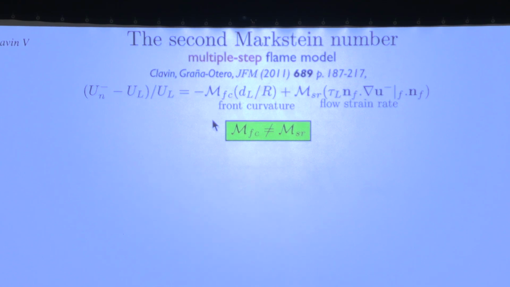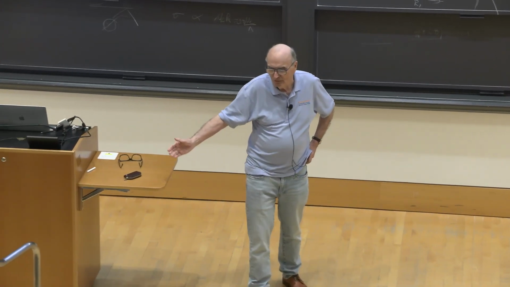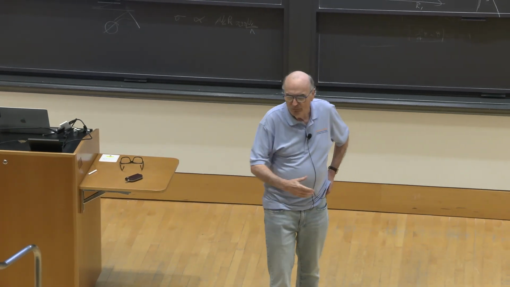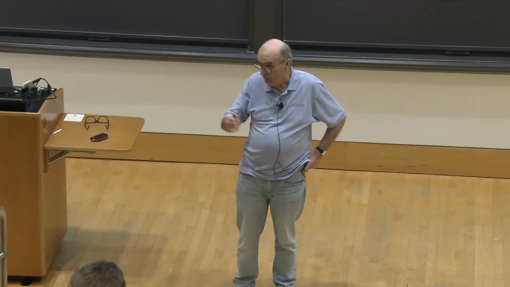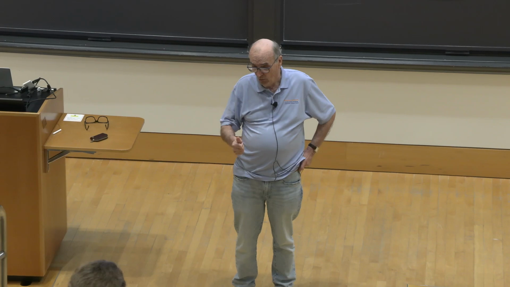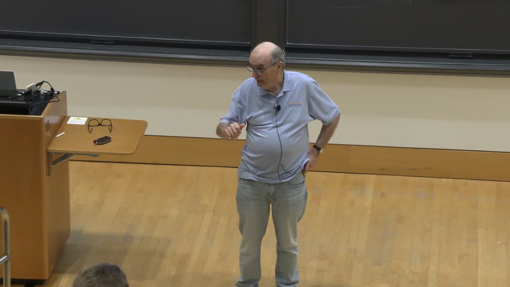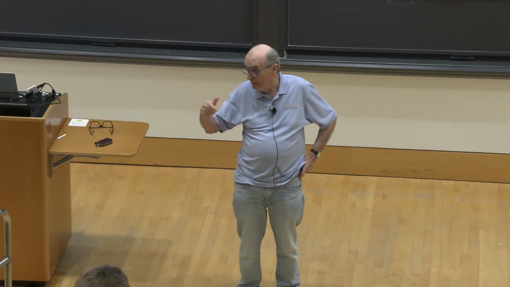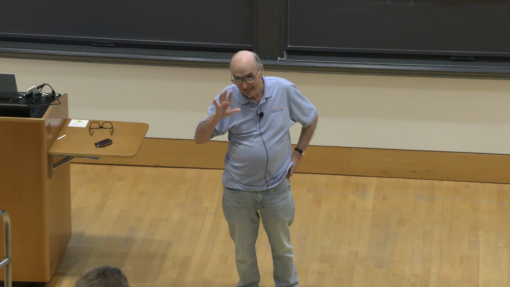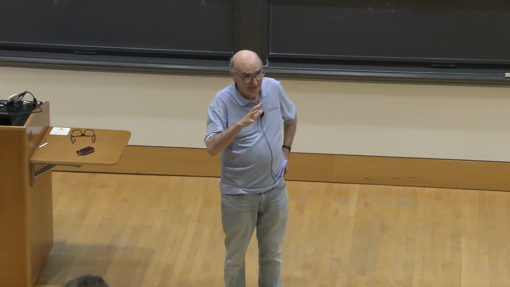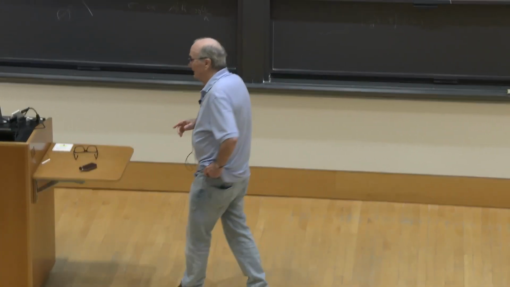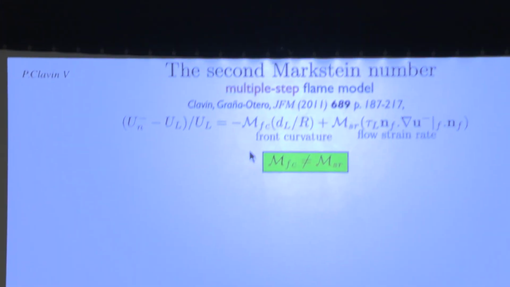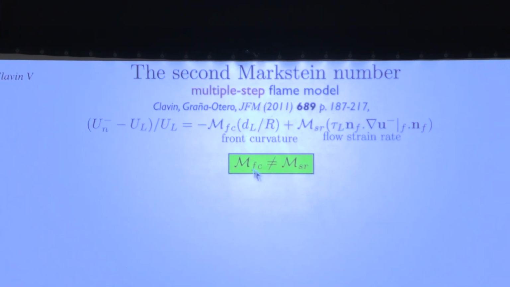They are different, and they are the same only, and this is something interesting, because what I did here, I developed the theory with only a one-step reaction, governed by Arrhenius. There are some limits to that. And the limit, for example, is that with this one step, you have the same Markstein number.